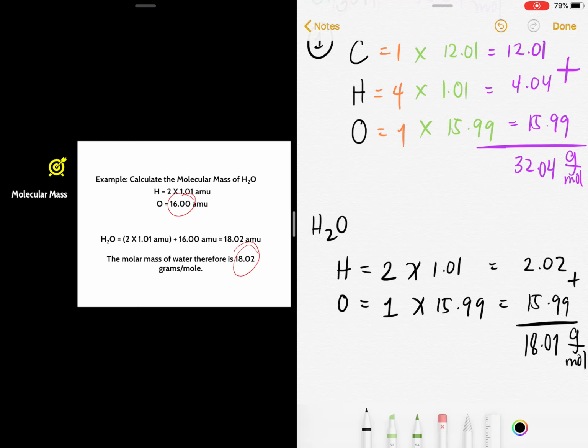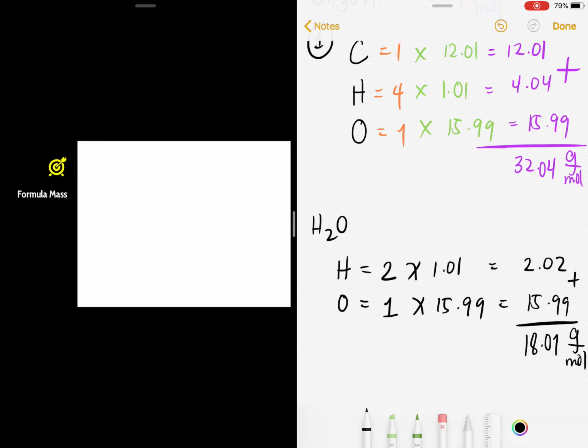So, class, pinakita dito yung atomic mass unit, equal lang naman yun sa grams, no? Anyway, hindi ko na susundan itong PowerPoint kasi naituro ko na kung paano kumuha ng molecular mass. Ngayon, class, itong molecular mass at formula mass, parehas lang sila ng steps.